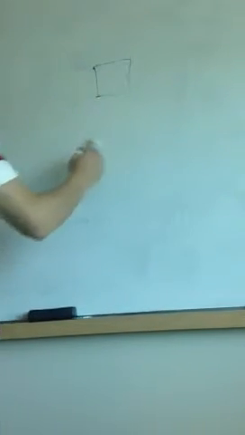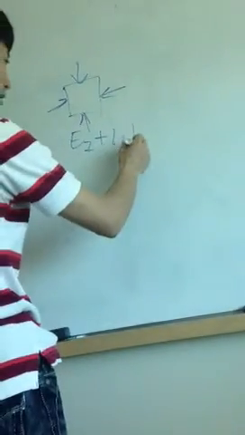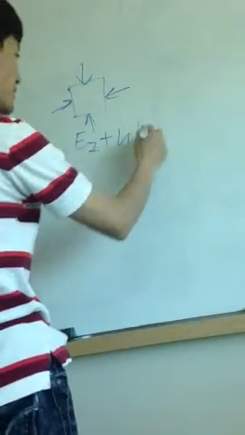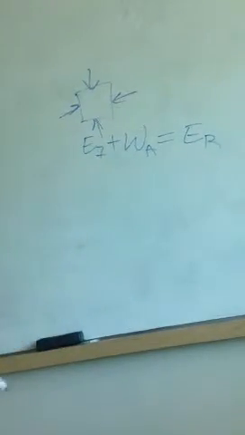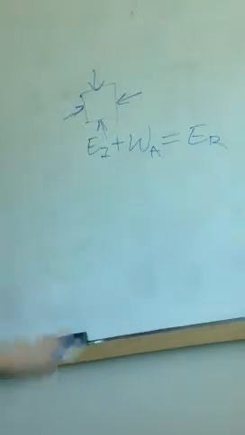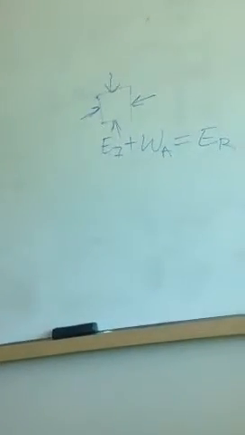So, for example, a system, whatever system, you have the initial energy, you have the work, whatever work acting on this object, the acting work, and in the end, you got the resultant energy. It should be equal, because the energy won't go somewhere else, it will stay within this system, right?